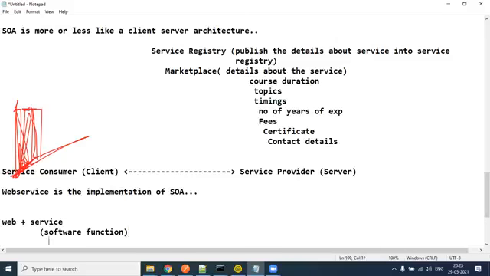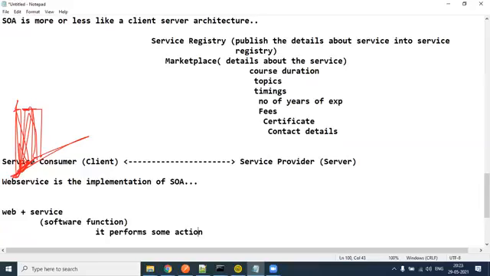Now, whenever you think about function, what comes to your mind? It will perform some action. It performs some action. Very nice. What else? Based on our inputs. Okay, so it performs some actions based on some inputs. What else?